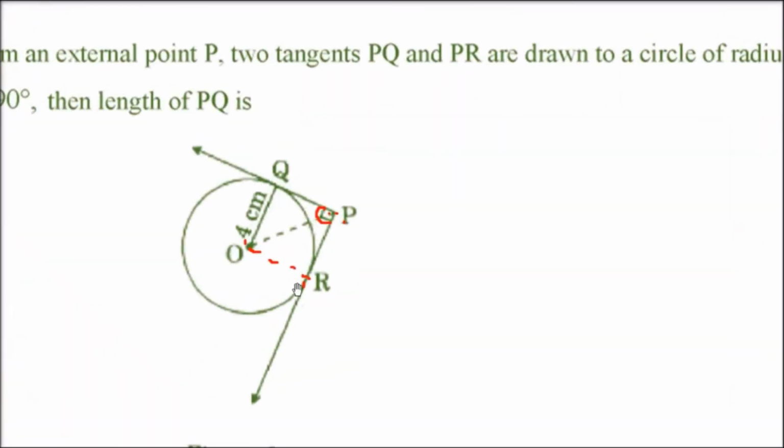In these two triangles OQP and ORP, first OQ is equal to OR. Also, from a point, two tangents drawn are equal in length, so we have PQ equals PR, and also angle OQP and angle ORP are equal to 90 degrees.